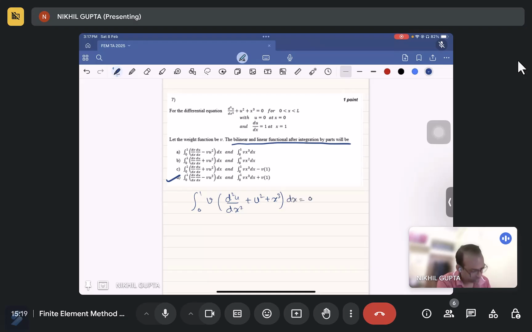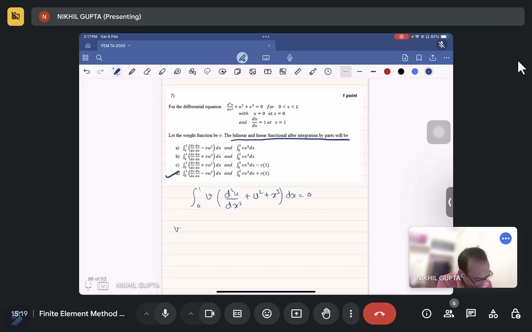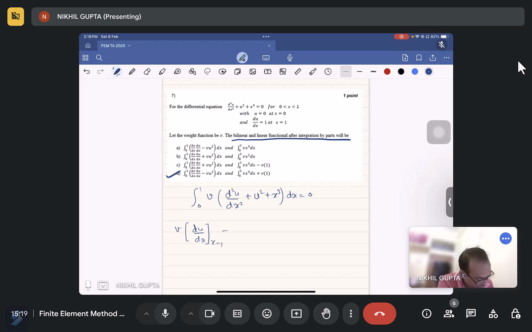So here we are solving the residual. And when we apply integration by parts, what we will get? We will get B is this. And when you differentiate it, you will get du/dx at x equal to 1 and at x equal to 0. This term I was saying.